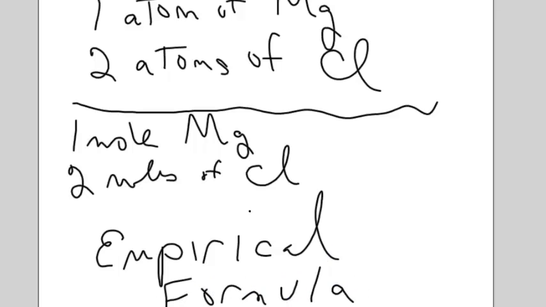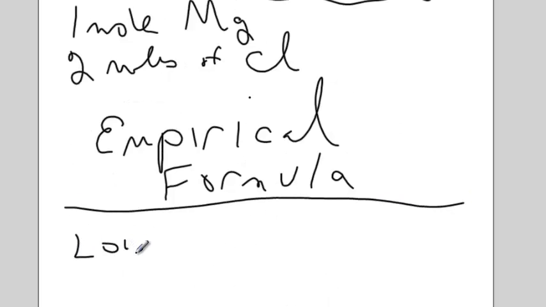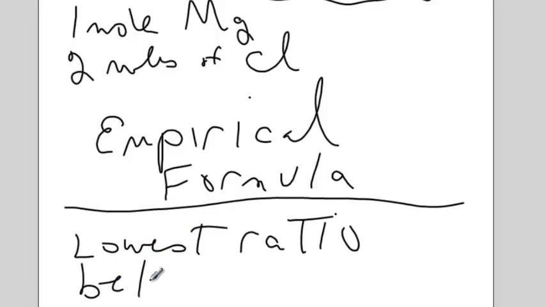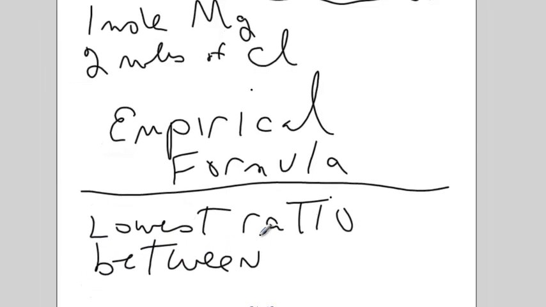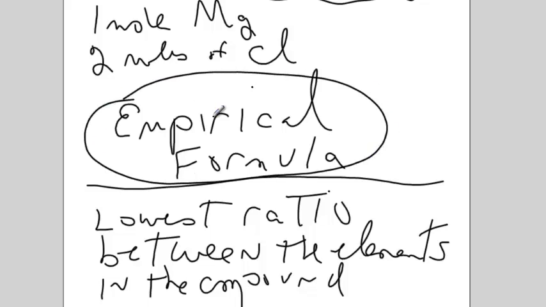The empirical formula is the formula that shows the lowest ratio between the elements in the compound. Now, as I say, ionic things are always empirical formulas. But molecular things, things that are bonded with covalent bonds, not always the empirical formula.